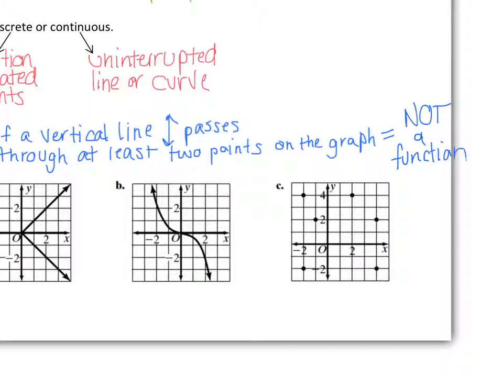Because if that happens, that means there were 2 y's for 1 x value.